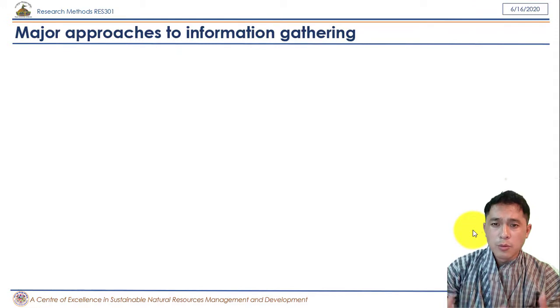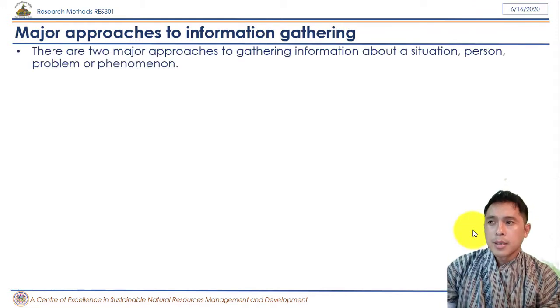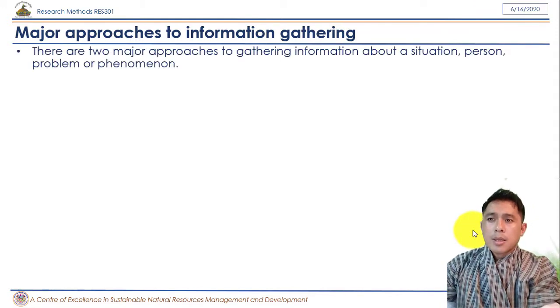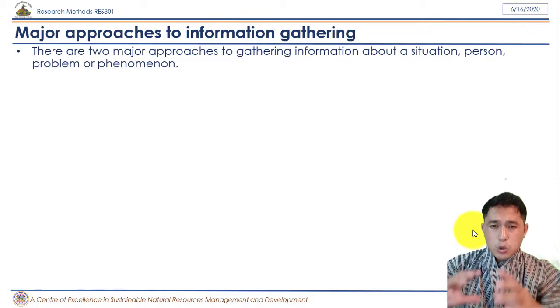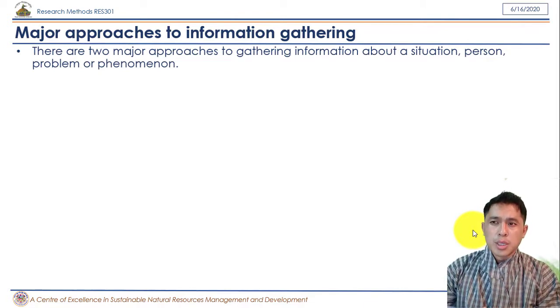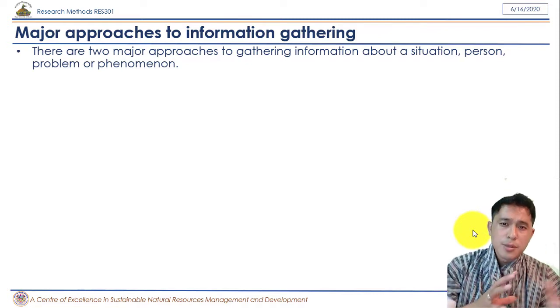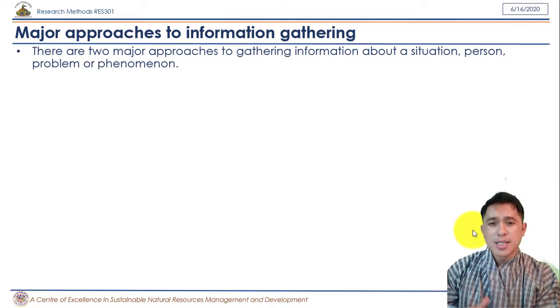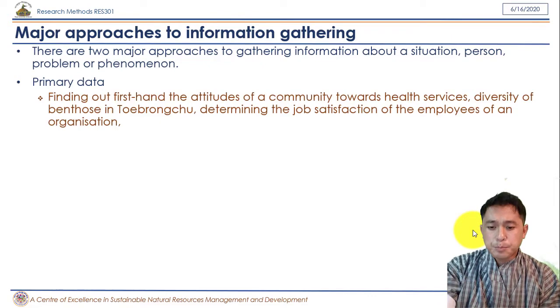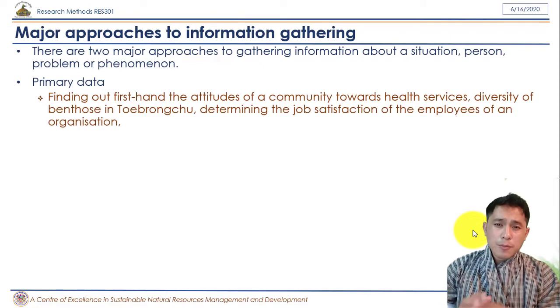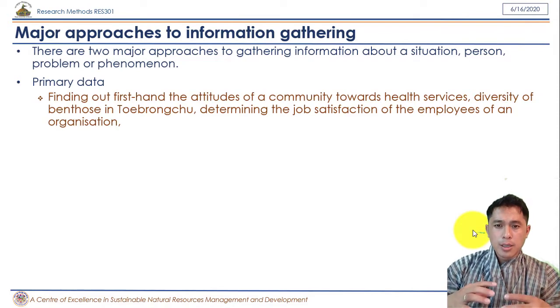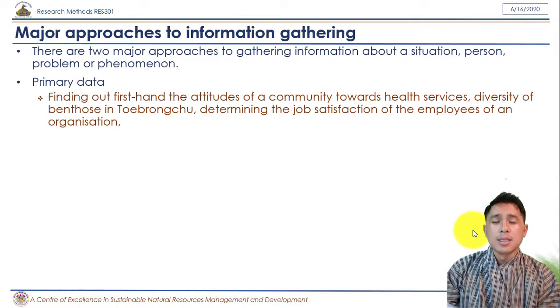A few questions before we move on. There are again two major approaches to information gathering. So we have primary information, and we have secondary information. Primary information, or primary data, is when you are the first person to collect the data.